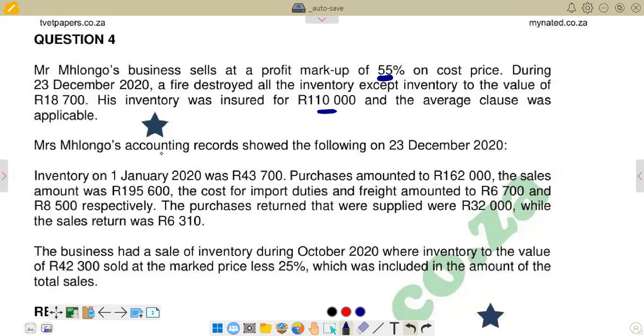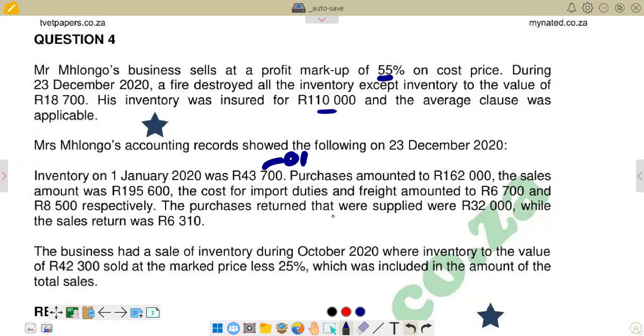And then Mr. Fongo's accounting records showed the following on 23 December 2020. Inventory on 1 January 2020 was 43,700 rands, which means this is going to be your opening inventory. Purchases amounted to 162,000 rands. The sales amount was 195,600 rands. The costs for import duties and freight amounted to 6,700 rands and 8,500 rands respectively.